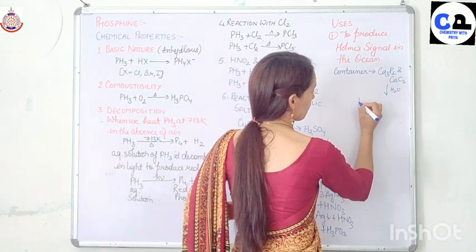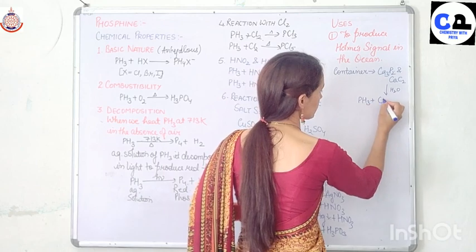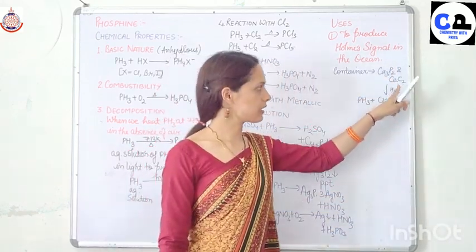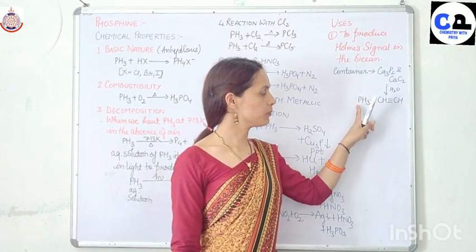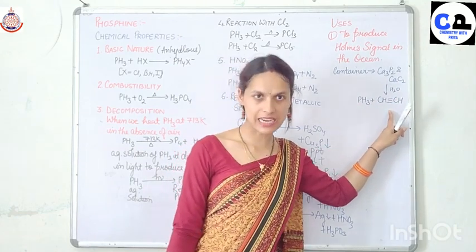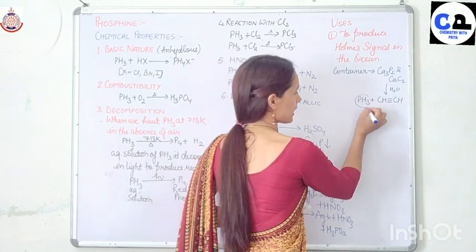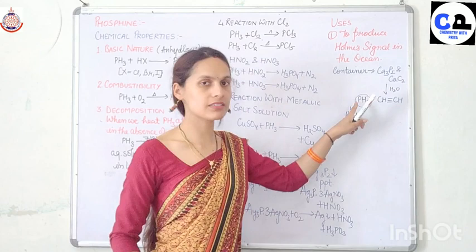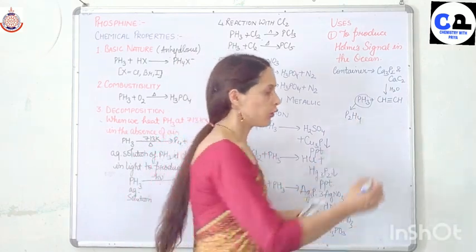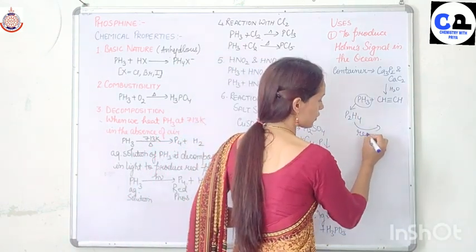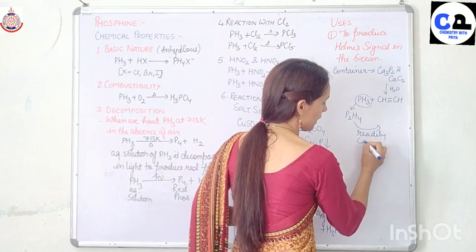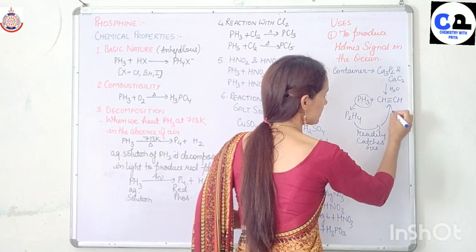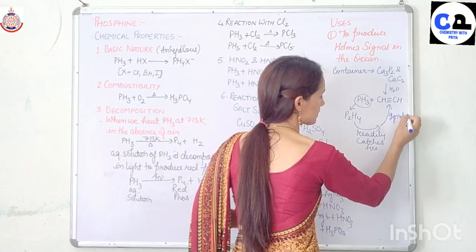it produces PH3 plus CH≡CH, that is acetylene. This PH3 contains some amount of P2H4, which readily catches fire, and due to this fire, this heat, it ignites acetylene.